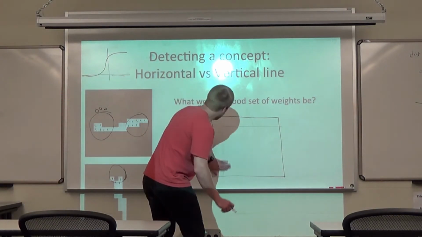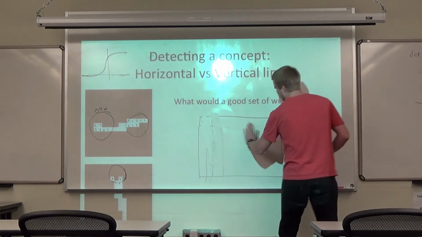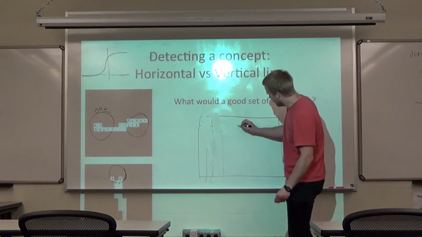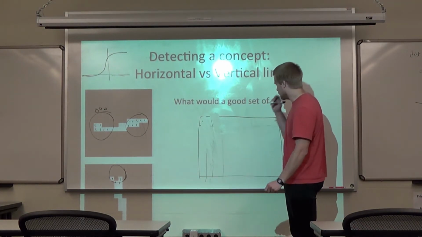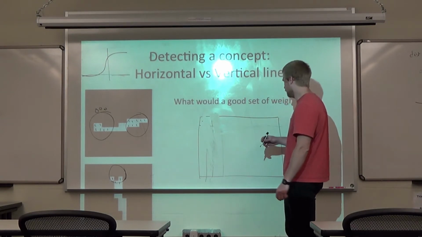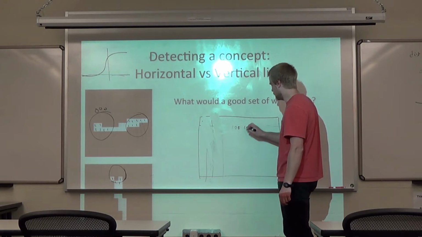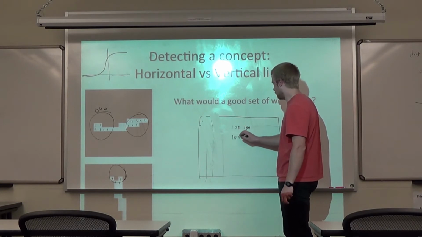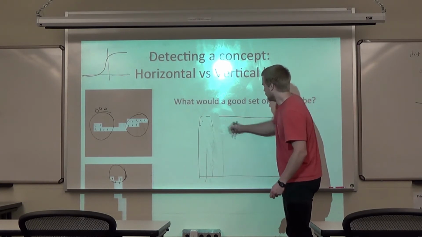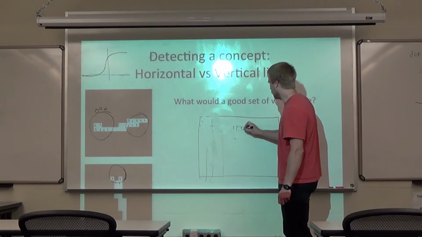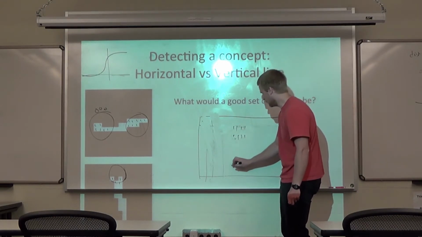So what we would have is something that has really high values, let's say just make them like 100, or I'll just say 1. All the weights here are 1.